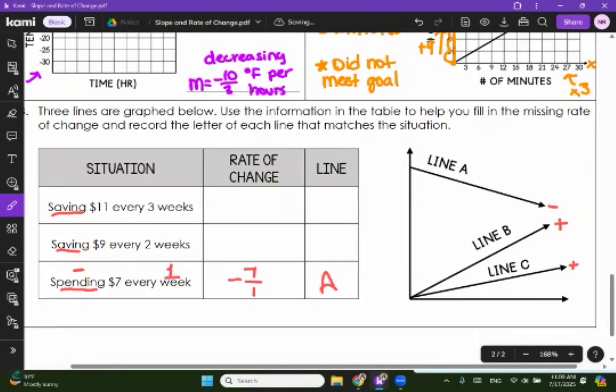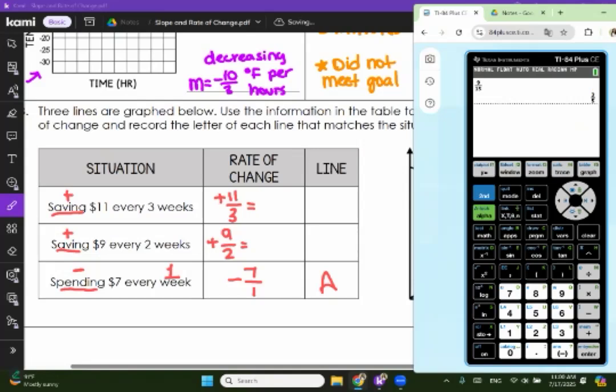All right, now saving money. We're saving $11 every 3 weeks. Saving, positive, positive, right? 11 every 3 weeks. We're saving 9 every 2 weeks. Okay, well, maybe if we were to put these into decimal form, it would give us a better perspective of what kind of number that gives us.